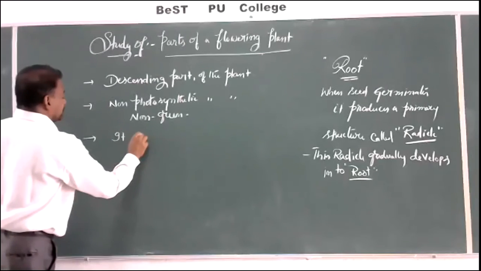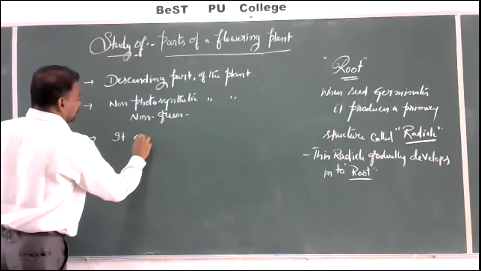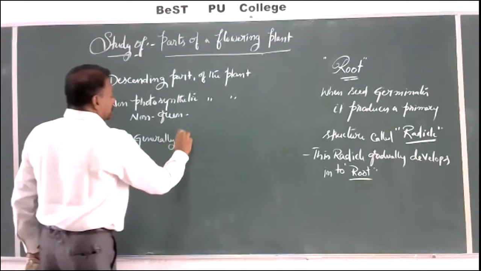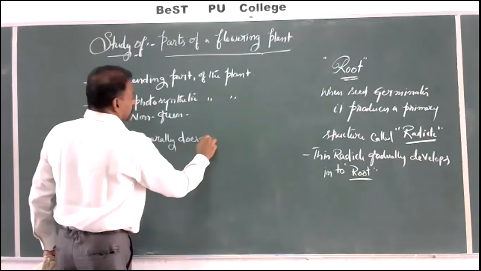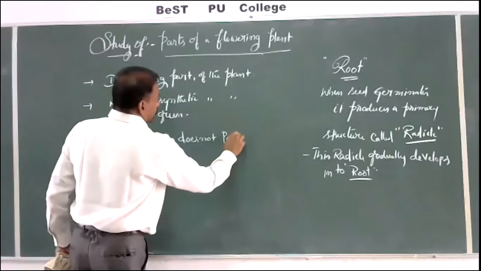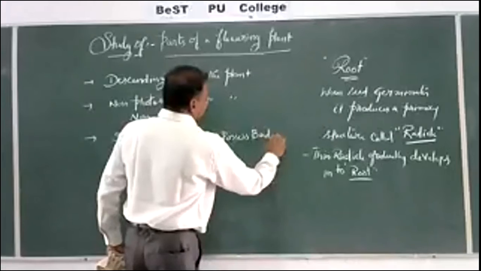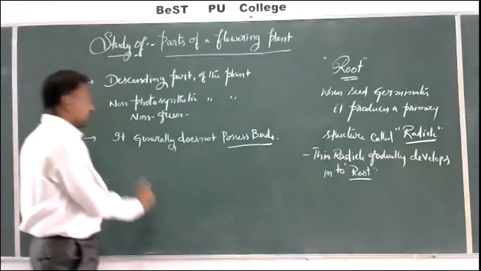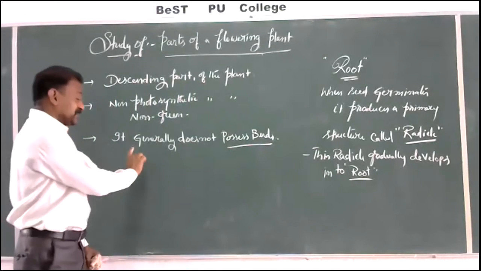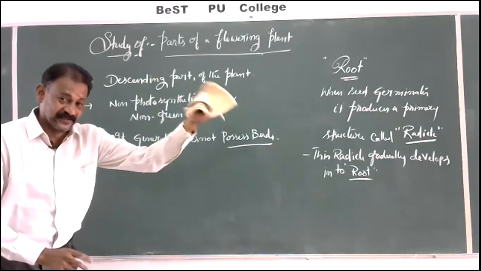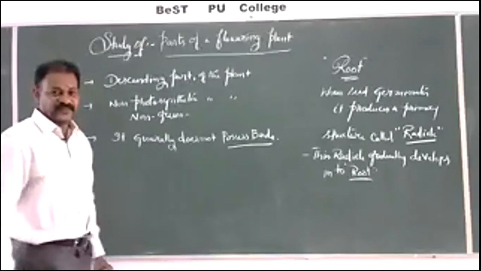It generally does not possess buds. Here statement type of questions, my dear students. Generally does not possess means rarely in some plants roots may possess buds. That is the concept.